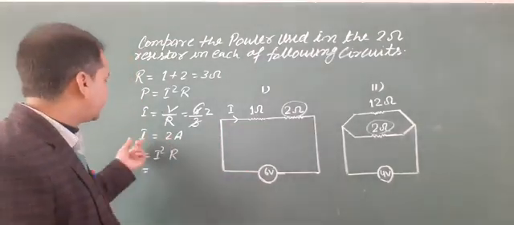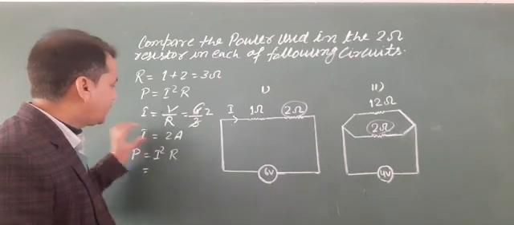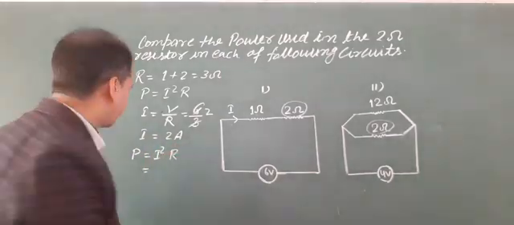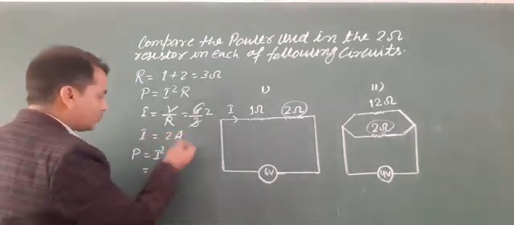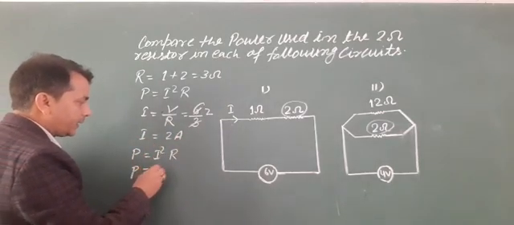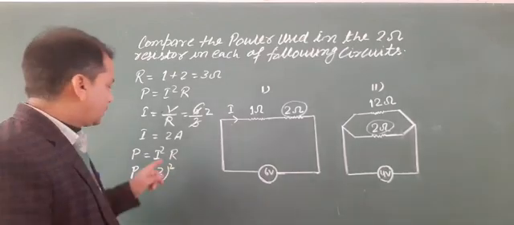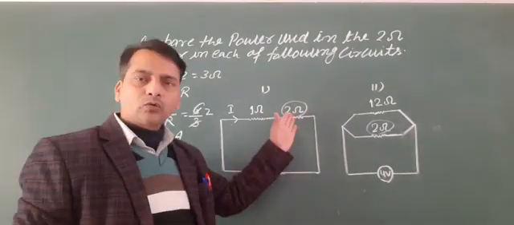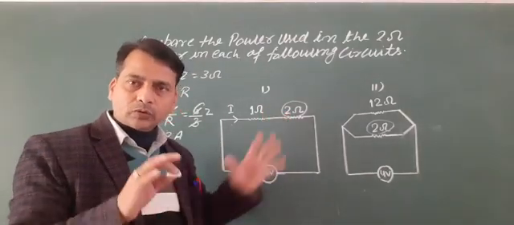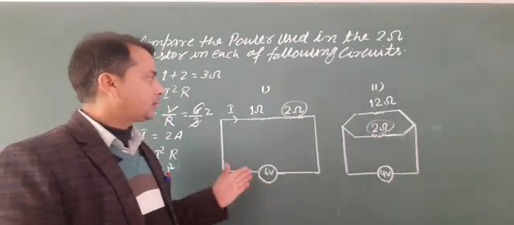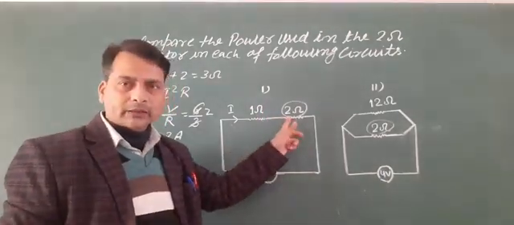Put I equal to 2 in this formula, that is 2 square, and the resistor is the 2 ohm resistor, because according to the question we want the power on the 2 ohm resistor.